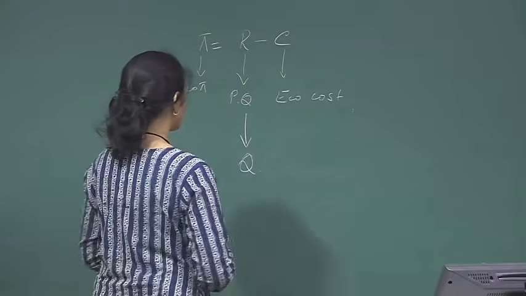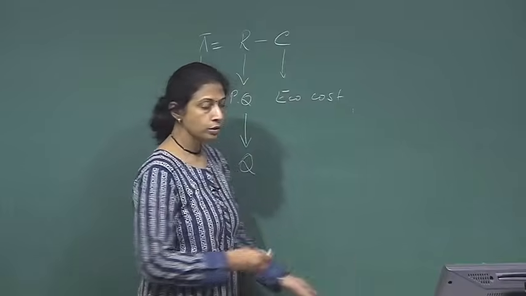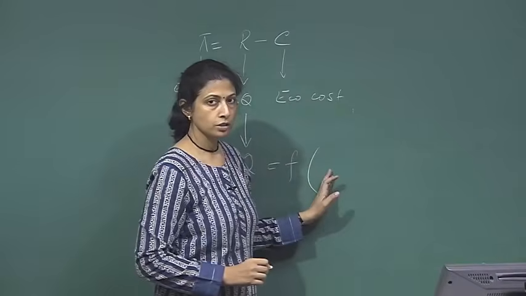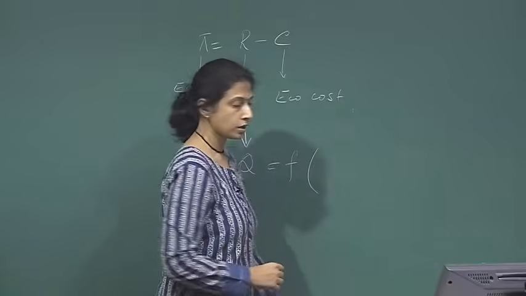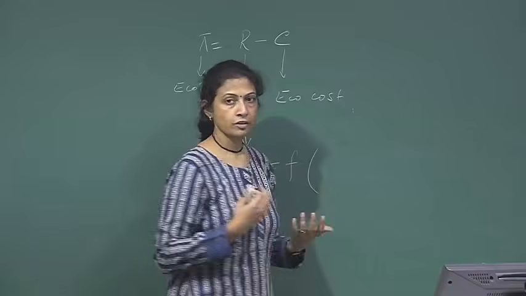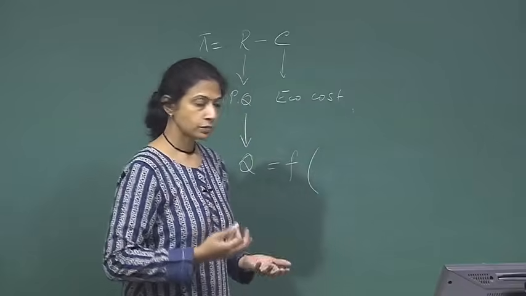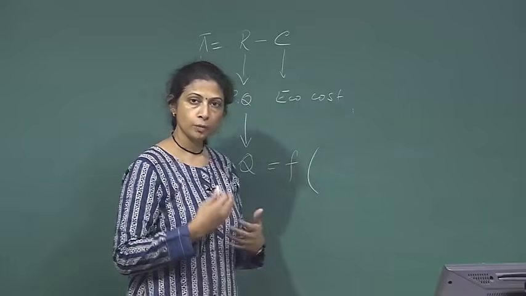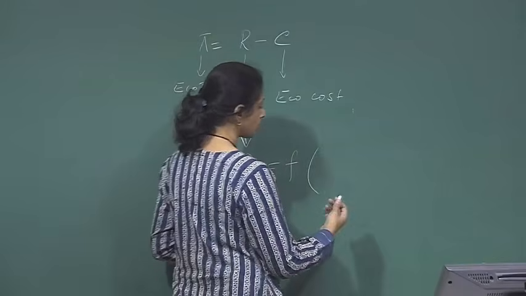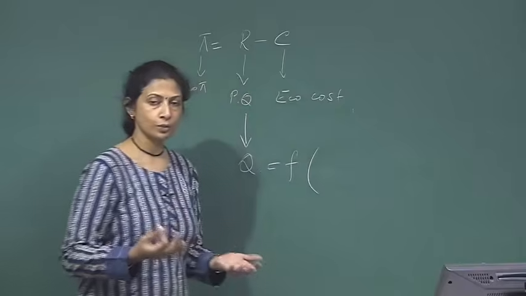How much quantity of mango will be produced will be a function of a lot of inputs, say the amount of raw material used, number of seeds used, amount of pesticide used, fertilizer used, etc.